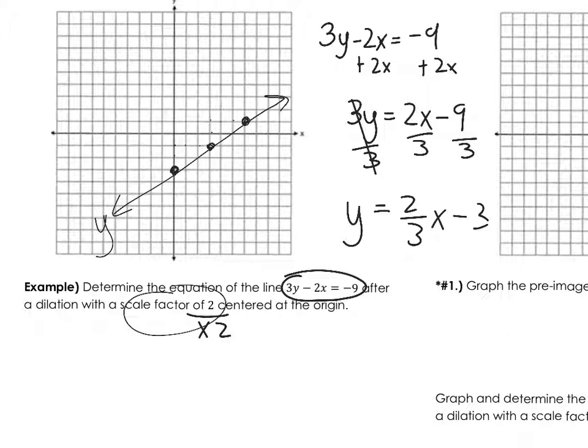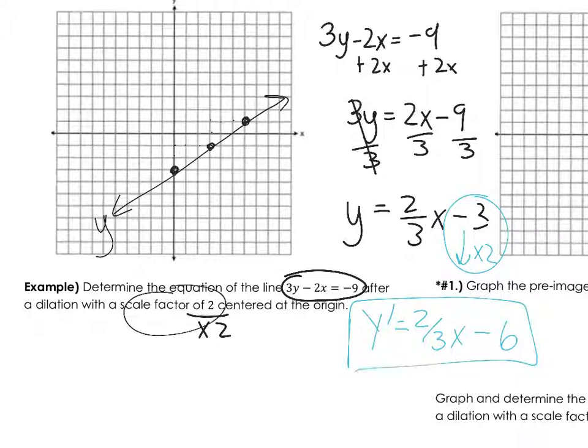So all I have to do to dilate my line, or get to y prime, is multiply the y-intercept by 2. So I get 2/3 x minus negative 3 times 2 is negative 6. So that's my final equation here. So down 1, 2, 3, 4, 5, 6, and my slope's still up 2 over 3.